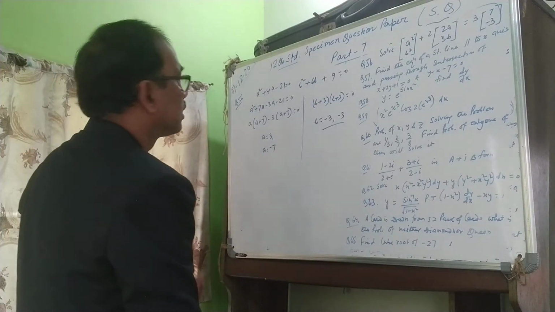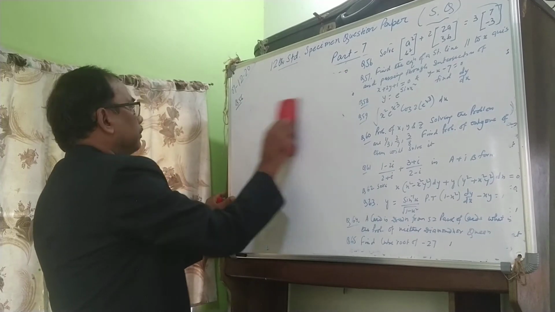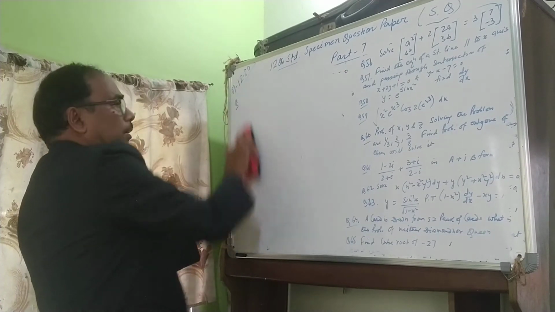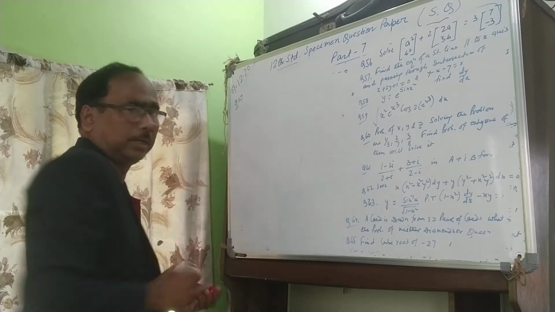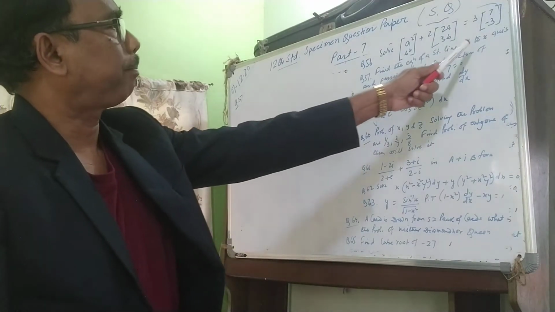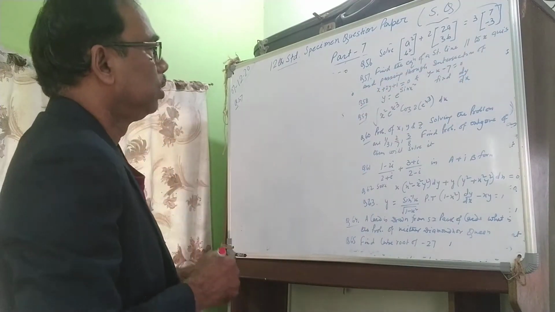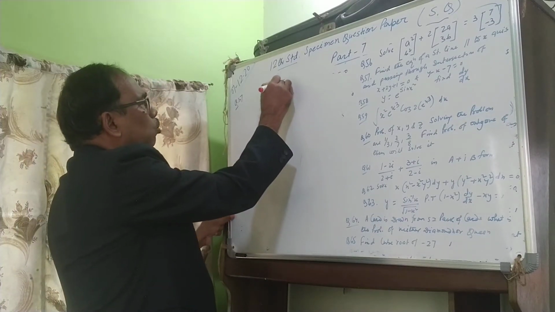Next, sum number 57. Question number 57 is here. Find the equation of the straight line parallel to the x-axis. So any line parallel to the x-axis is y equals k.